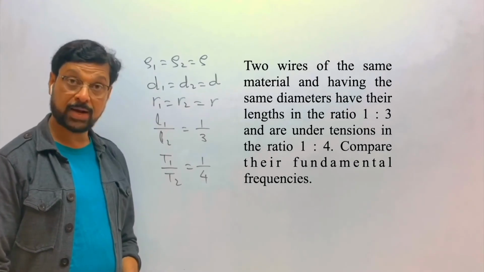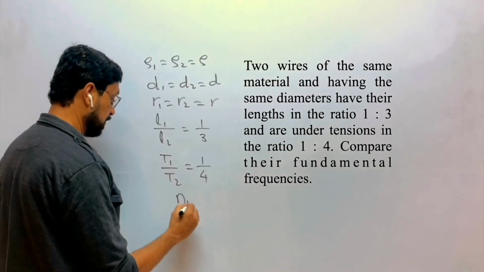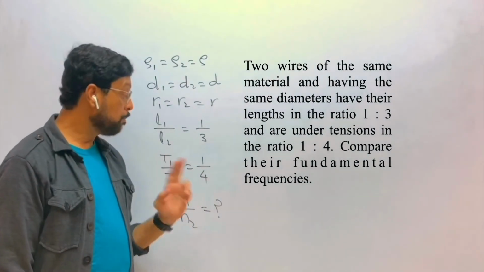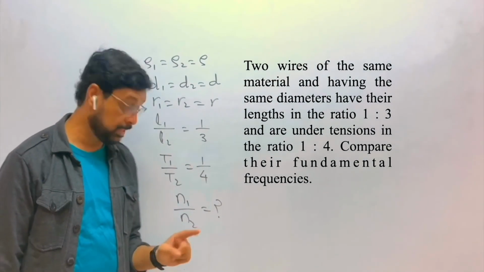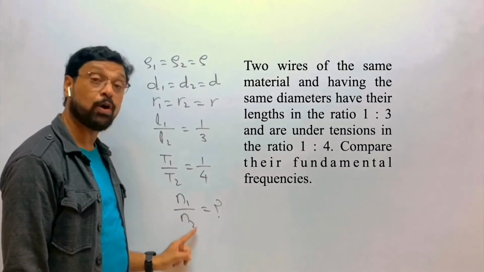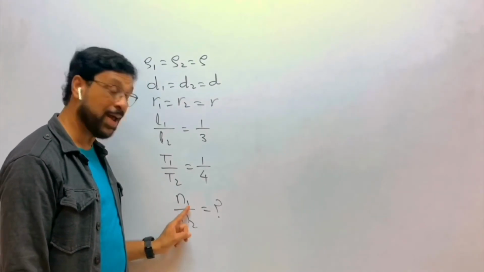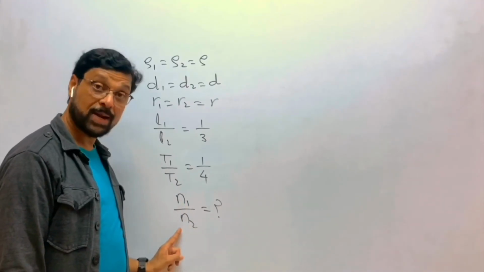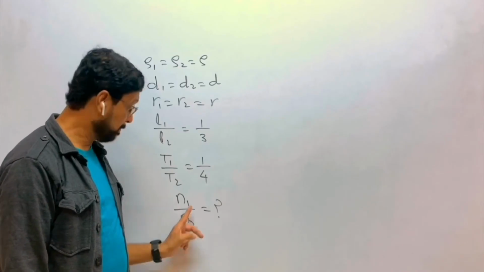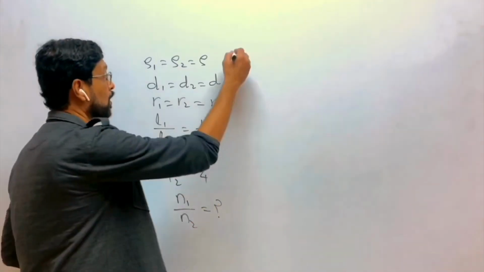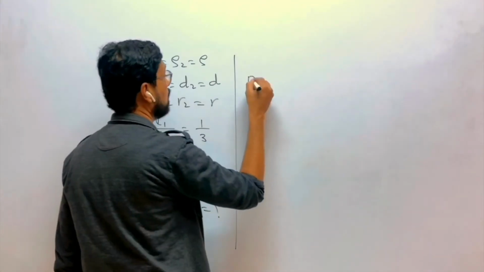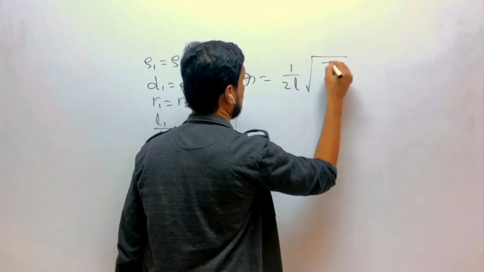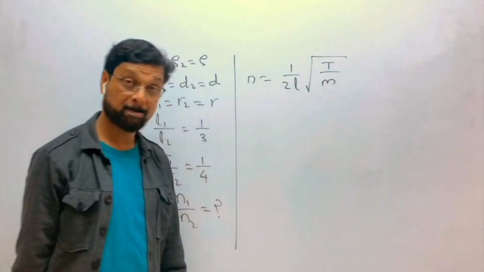Compare their fundamental frequencies, means N1 upon N2 is equal to what? Here, we are not using this for overtone. N1 means fundamental frequency of the first wire, N2 means fundamental frequency of the second wire. This is not first and second overtone. So, N is equal to 1 upon 2L under root T by m.